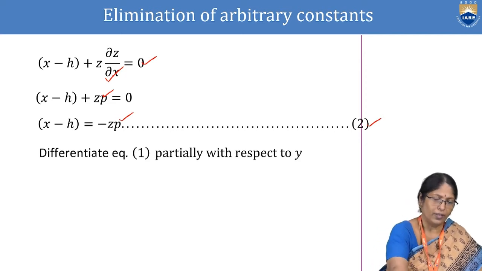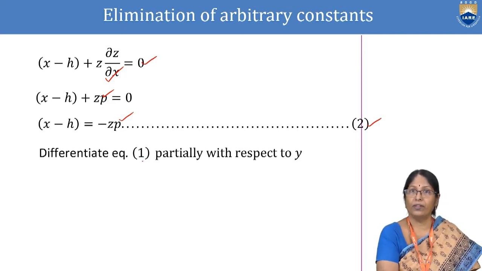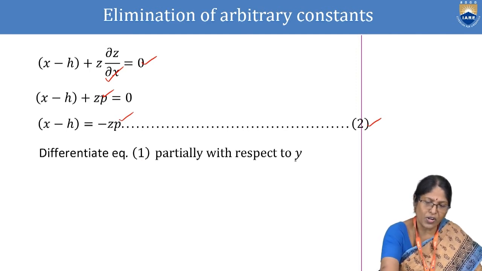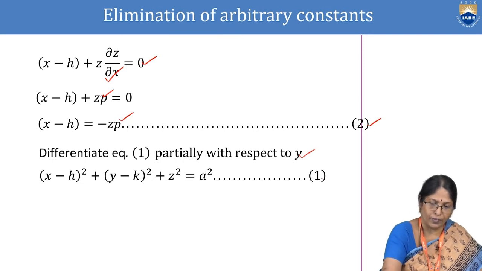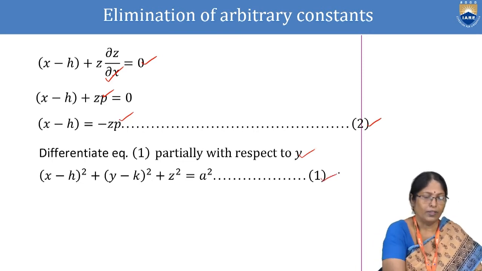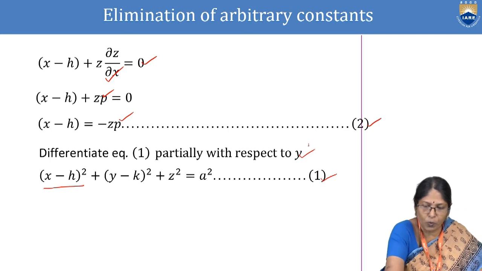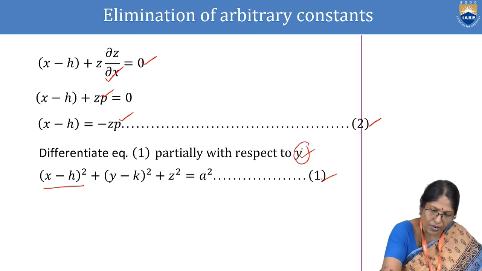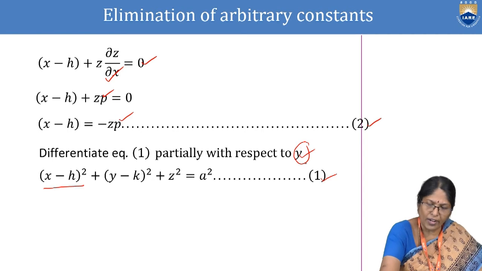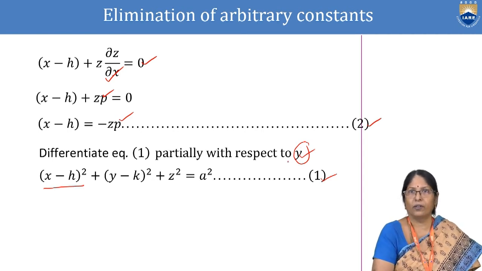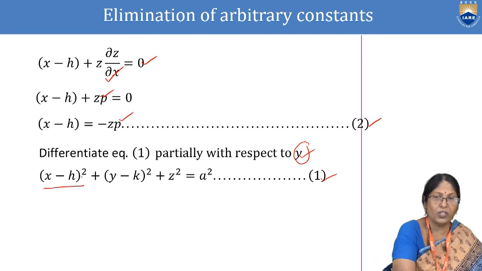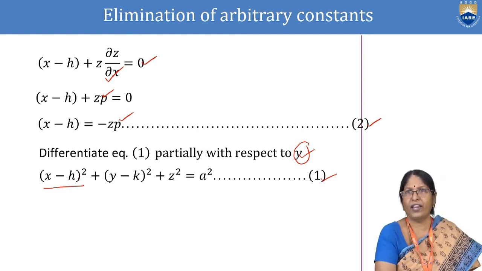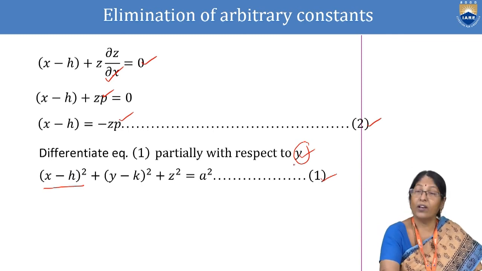Now the same given question, equation 1, we will differentiate partially with respect to y. This is our question. With respect to y, we want to concentrate on y. We want to neglect the other variables because we are doing partial differentiation. So x minus h the whole square, completely we will neglect it, because it is partial with respect to y.